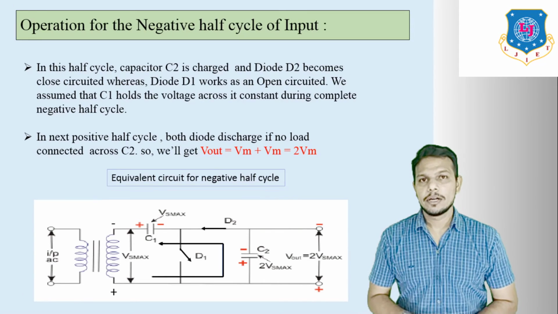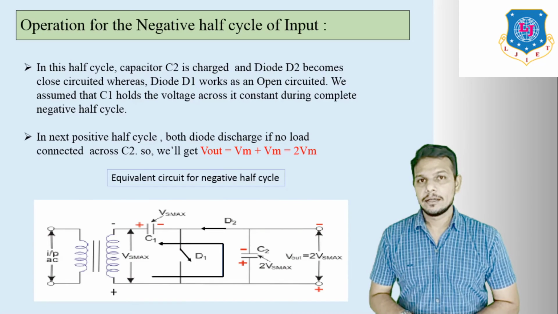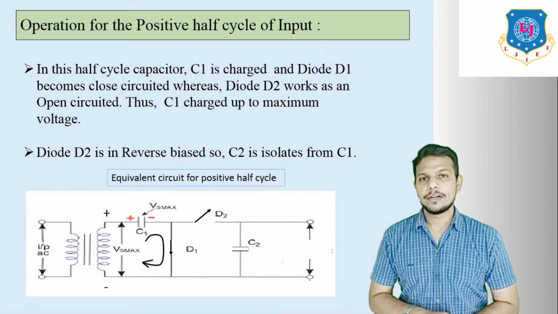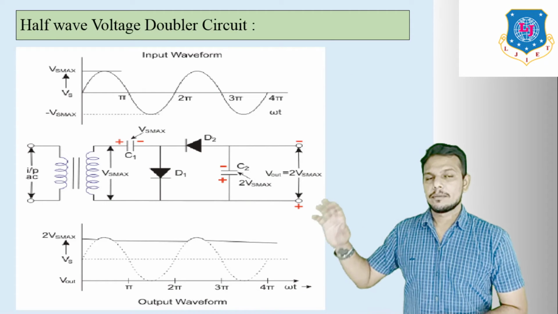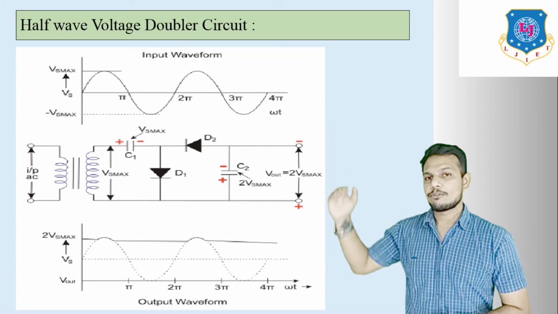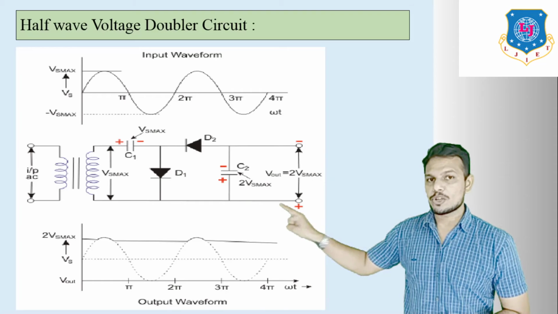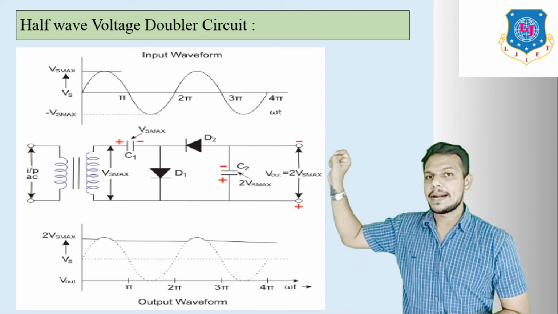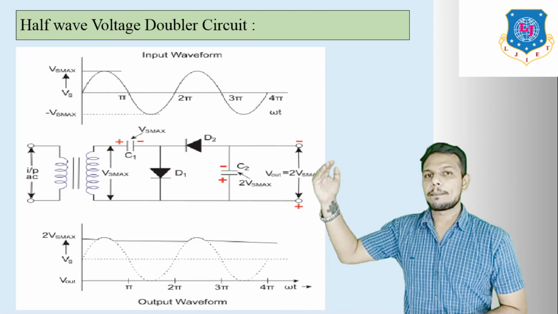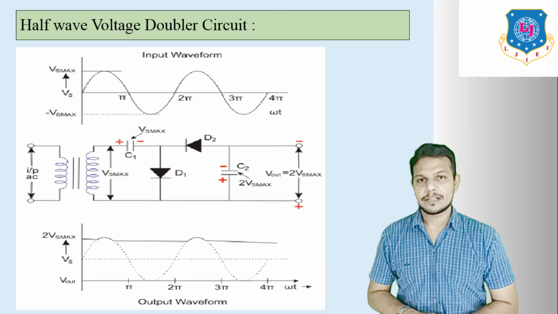Now let us discuss the negative half cycle. If we apply the negative half cycle, then capacitor C2 is charged. In this circuit diagram, current flows from below to above, because for the negative half cycle the lower terminal becomes positive and the upper terminal becomes negative. So the current always flows from the lower side to the upper side. Your diode D1 becomes reverse biased.